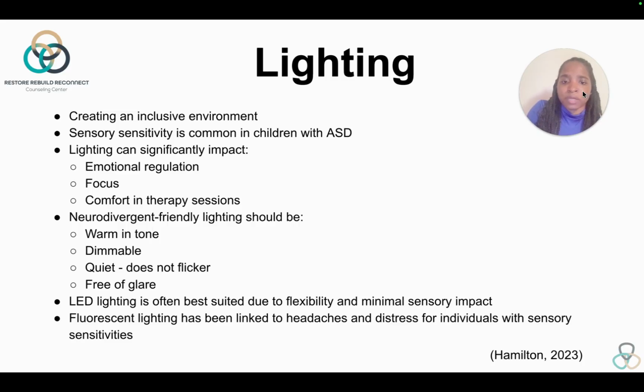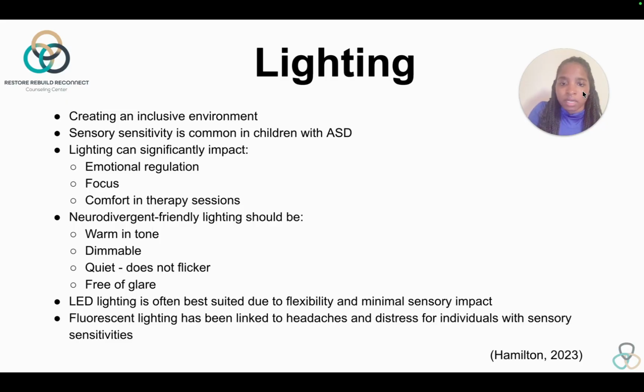And then it should also be free of any glares and any sudden changes in brightness. LED lighting is usually best suited in therapy spaces for children with autism, because it allows for adjustable brightness and minimizes sensory impact, while in contrast, fluorescent lighting has been linked to headaches, visual discomfort, increased distress, and sensory sensitivity.